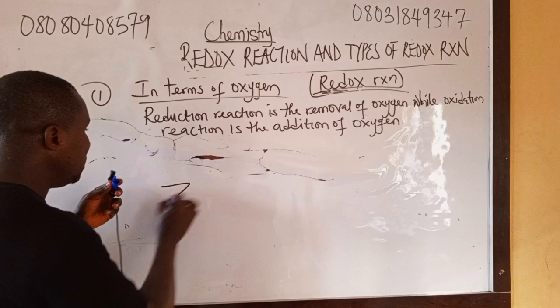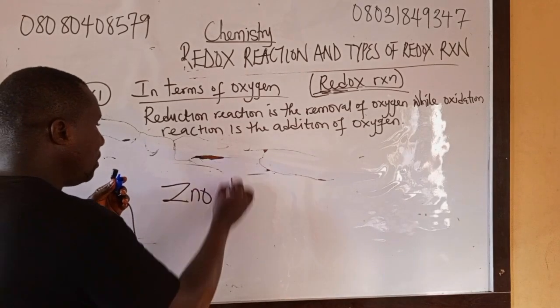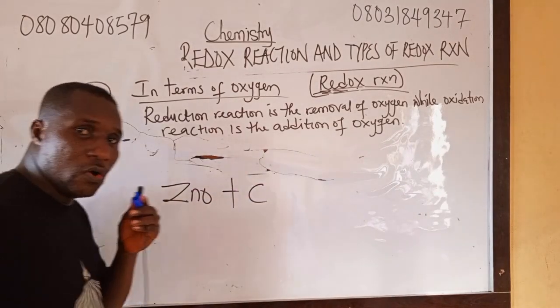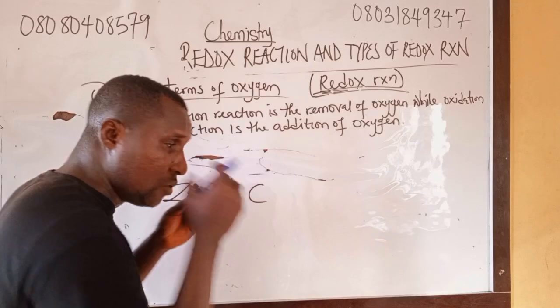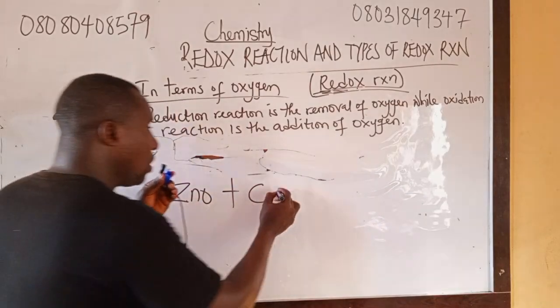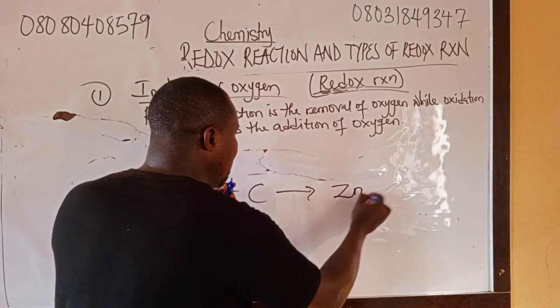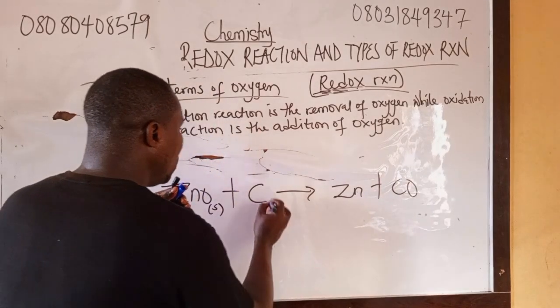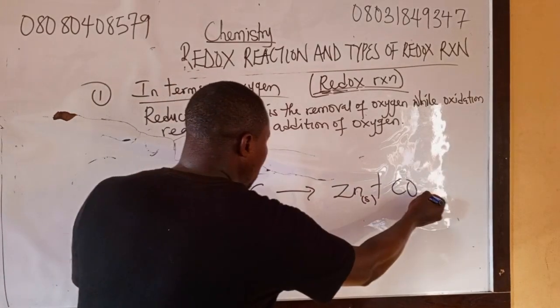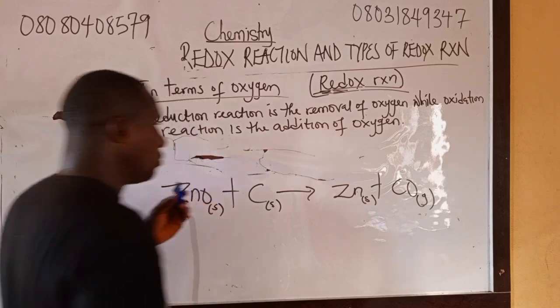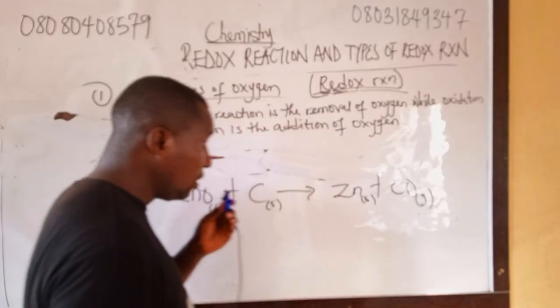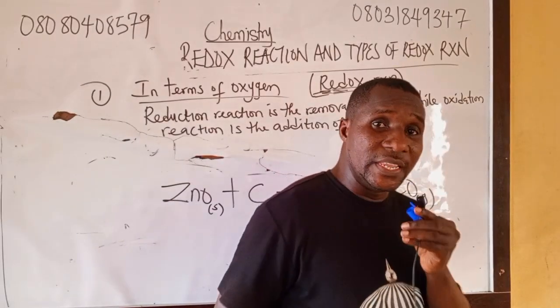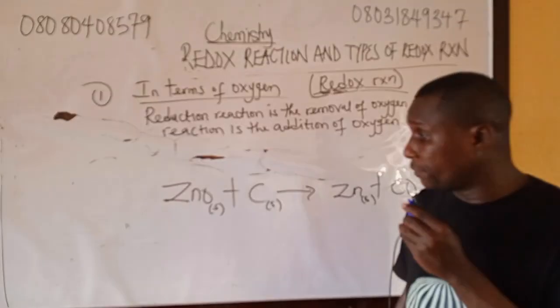When you have zinc oxide plus coke, coke is an amorphous form of carbon, take note. Zinc oxide plus coke gives zinc plus CO: solid, solid, solid, gas. Take note of this. This is an example of redox reaction.